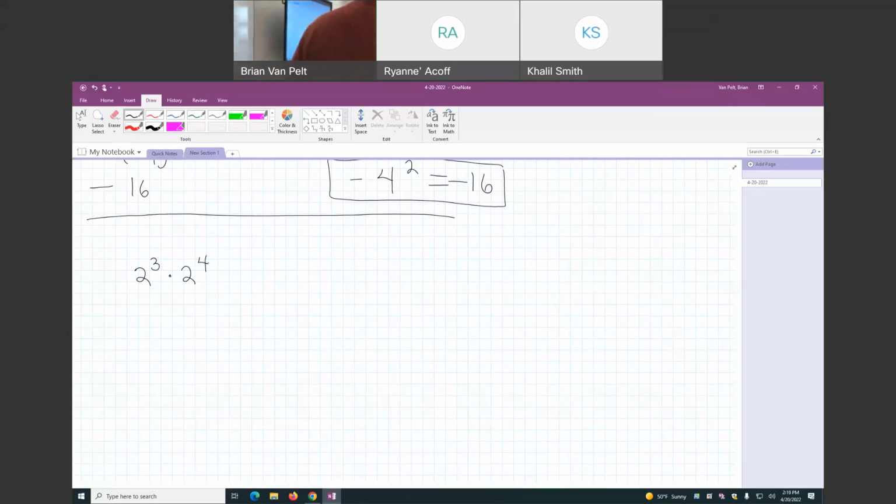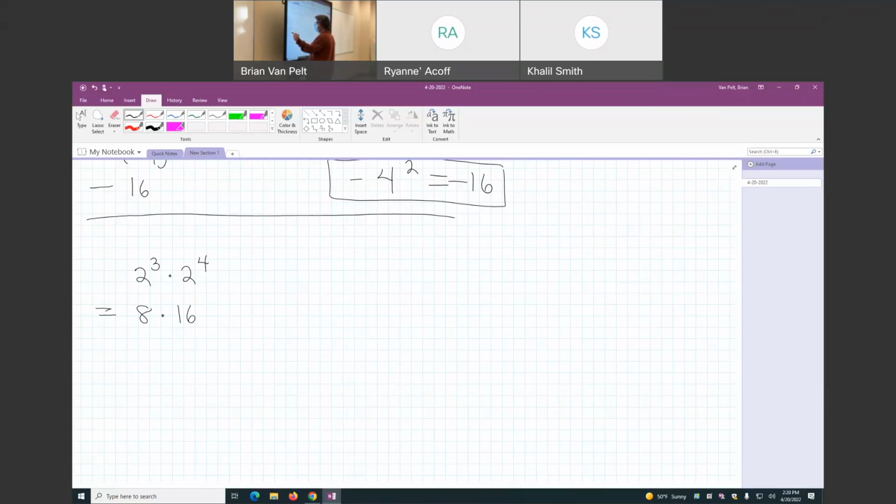Sixteen. But this is equal, 2 to the 3rd is equal to 8.